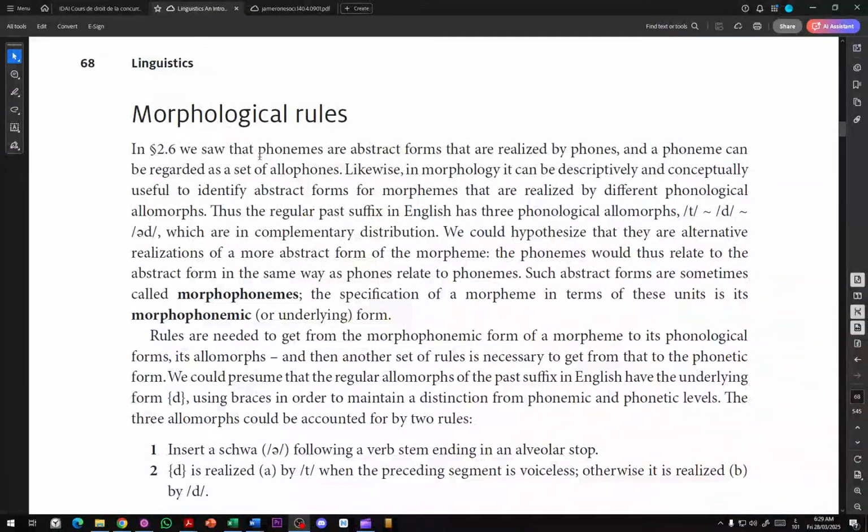I think it was one group of allophones together is a phoneme. Yes, I remember now.